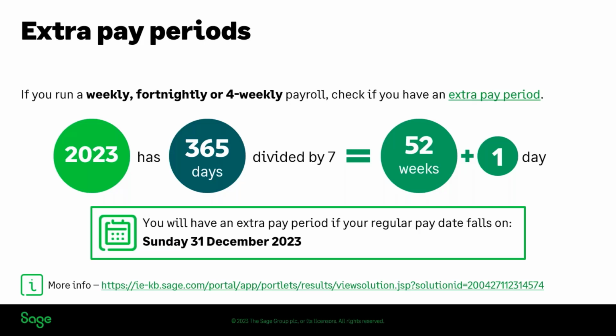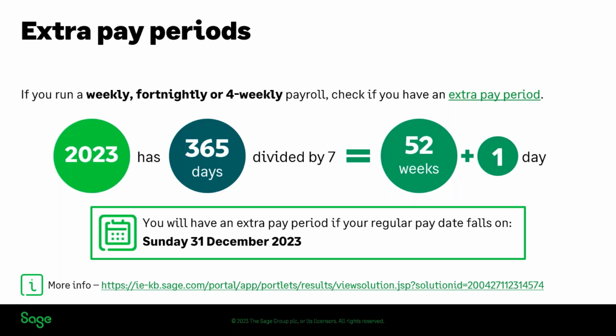Now, it's important to note that this will only ever affect weekly, fortnightly, or 4-weekly payrolls. The reason why an extra pay period comes about is that the number of days in a tax year doesn't divide into an exact number of weeks. So in 2023, we had 365 days. If you divide that by 7, you end up with 52 weeks and 1 extra day.